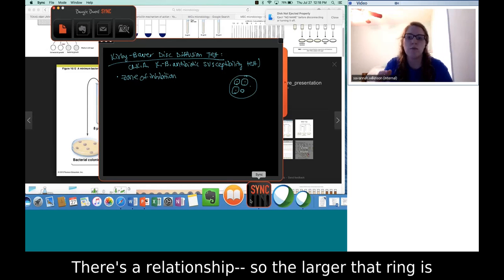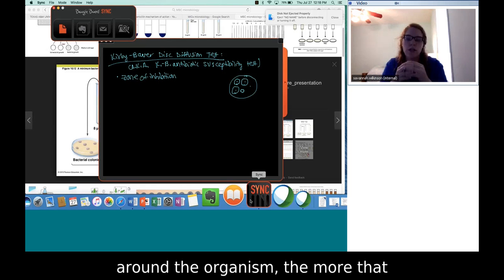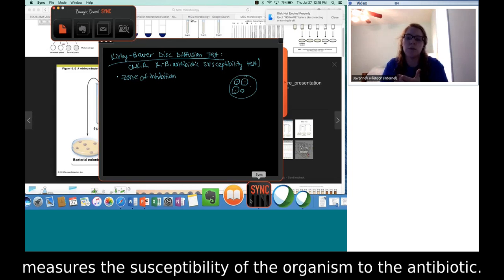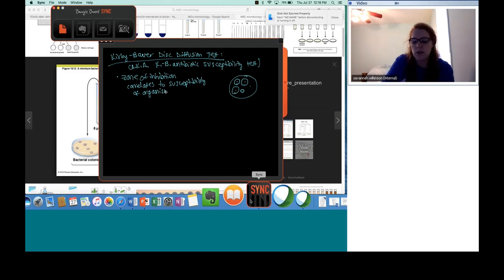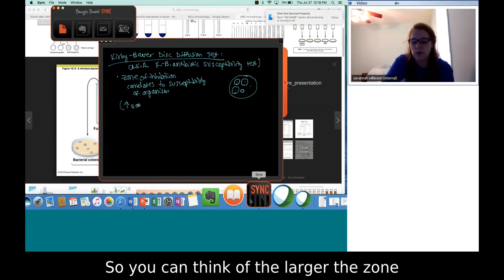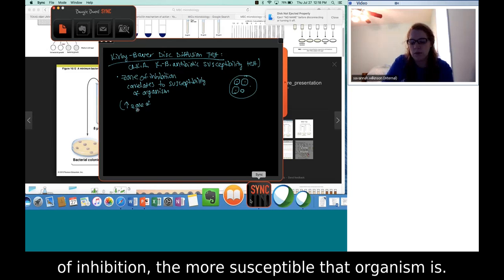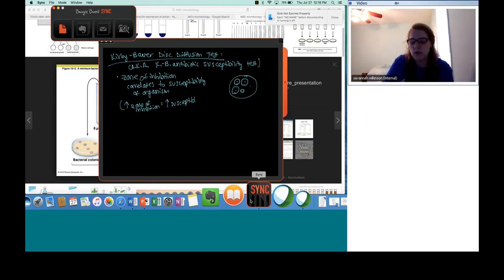So there's a relationship. The larger that ring is around the organism, the more that measures the susceptibility of that organism to that antibiotic. So zone of inhibition correlates to susceptibility of organism. So you can think of the larger the zone of inhibition, the more susceptible that organism is.